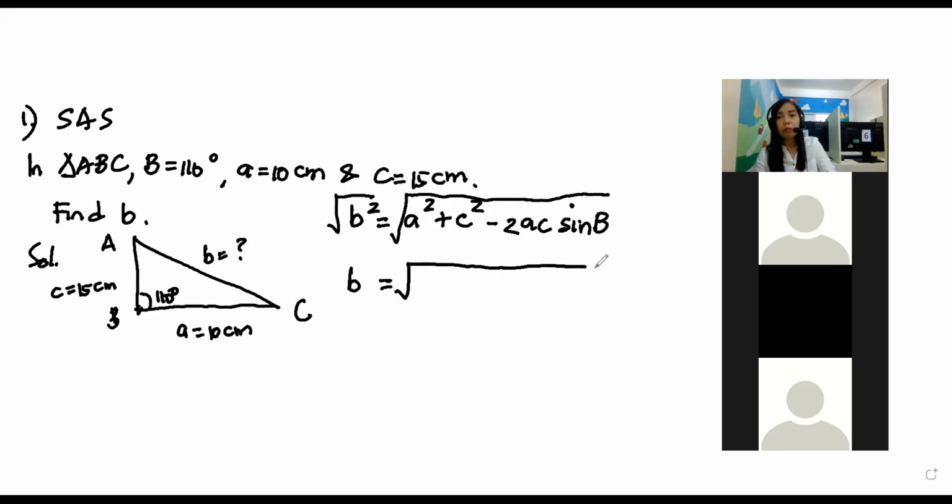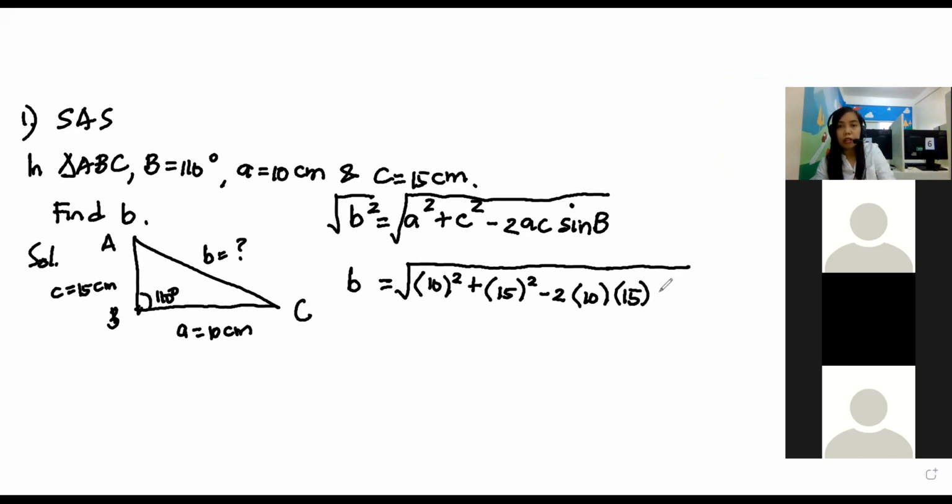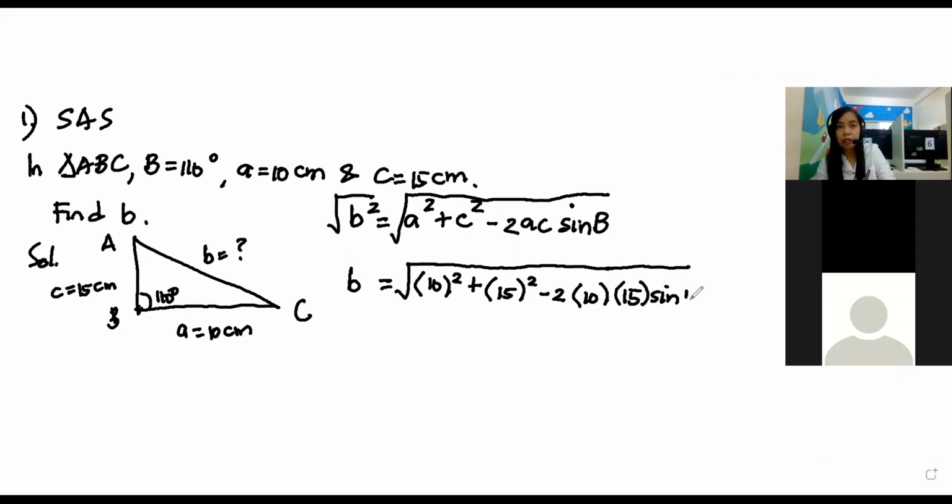Just substitute. The value of a is 10 centimeters. Let's not include the units since they are all in centimeters. 10 squared plus 15 squared minus 2 times 10 times 15, then cosine of B, which is 110 degrees.